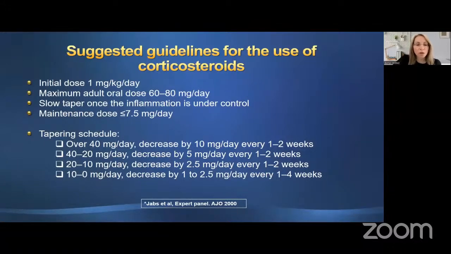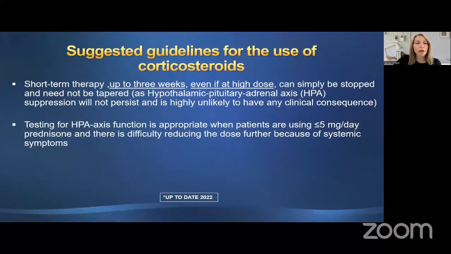The tapering schedule is according to the dose, and the treatment is decreased every 1 to 4 weeks. Important to note that short-term treatment up to 3 weeks, even if at high dose, can simply be stopped with no need for treatment tapering.